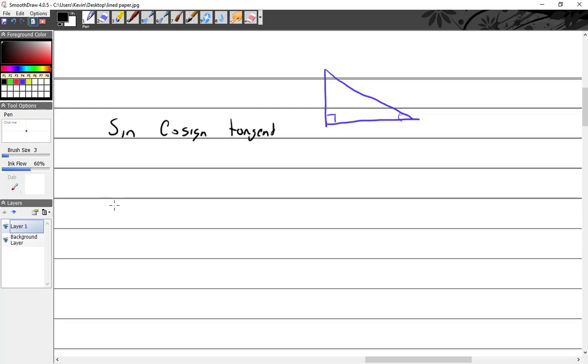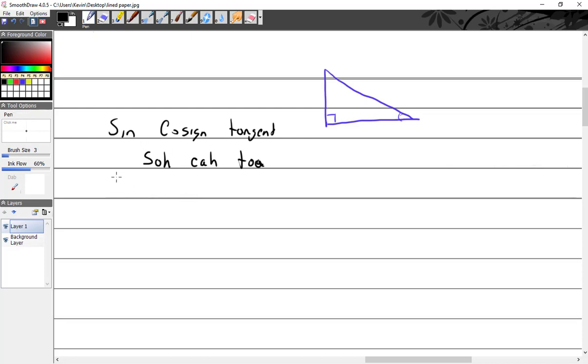There's a mnemonic called SOH CAH TOA, but I can never remember it. I would not expect you to memorize that since I seem to fail at it.